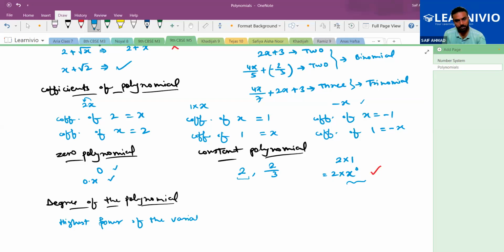For example, 2x to the power 4 plus 3x cube plus 2x square minus 9. What is the degree here? Tell me. 4. Yes, 4 is the highest power. Understood about the degree? Yes, sir.